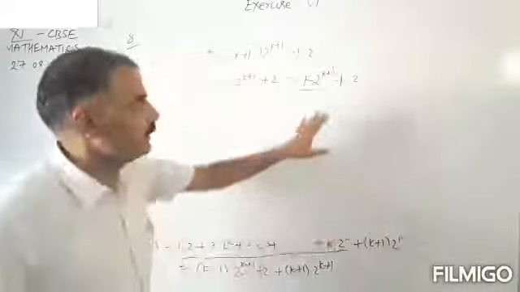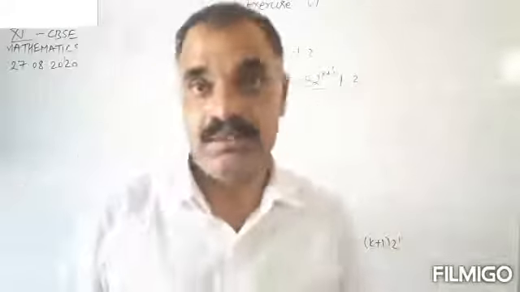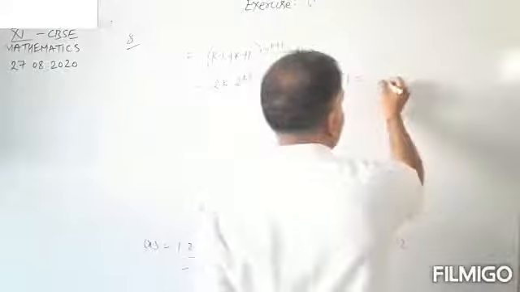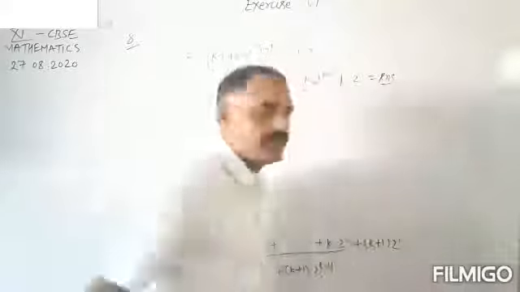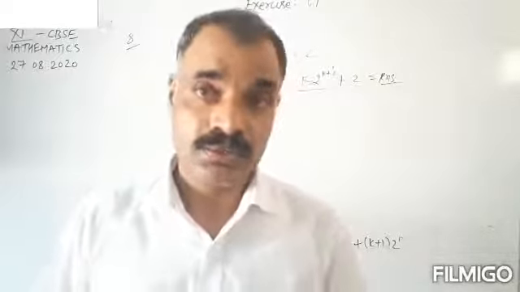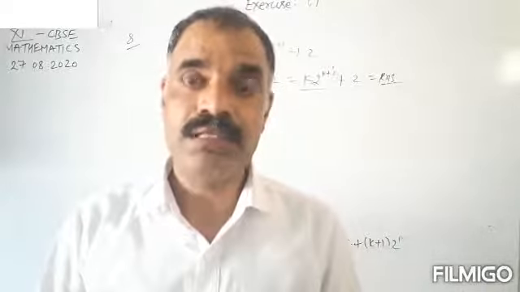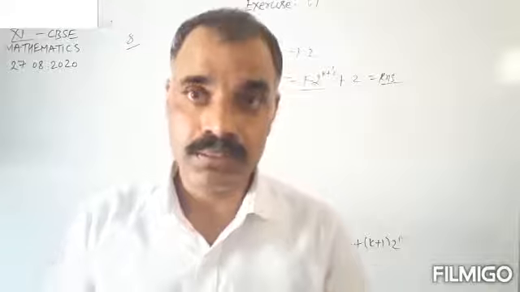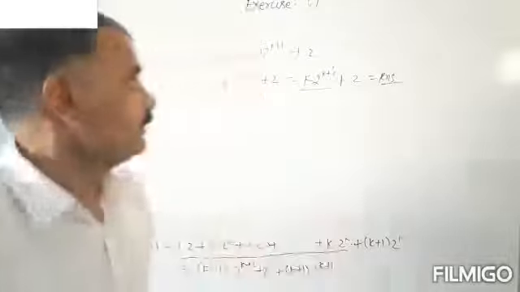Okay, and this is the right hand side of the induction step. You can see in the induction step this is the right hand side. So we have proved that the left hand side is equal to the right hand side of the induction.